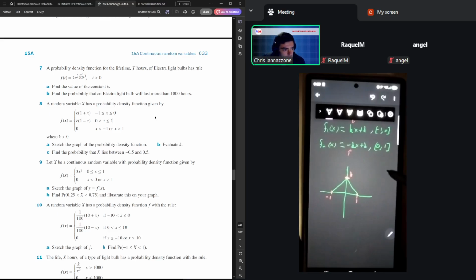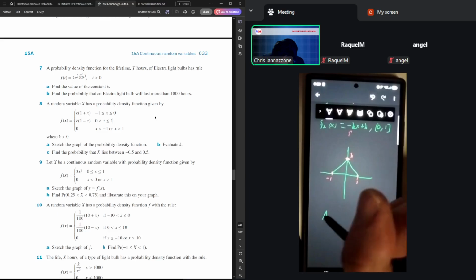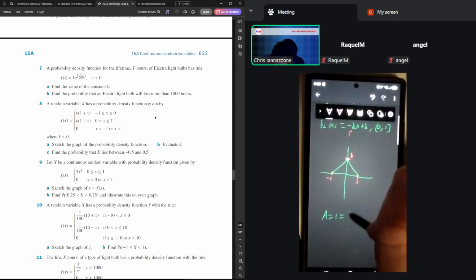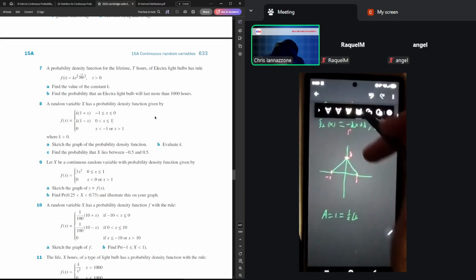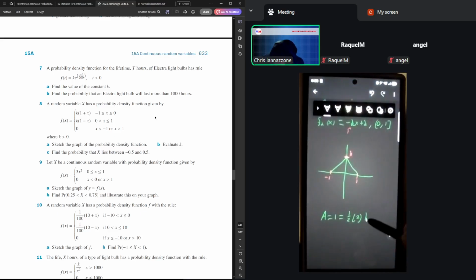To solve for k such that we get a probability density function, it means that we need the area under this triangle to be equal to 1. So half base times height. Area is equal to 1 is equal to half times the base of 2 times the height of k.